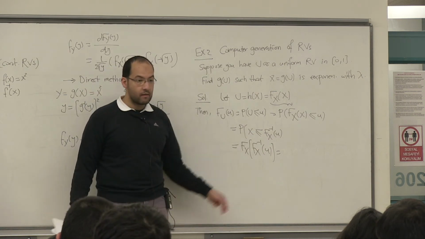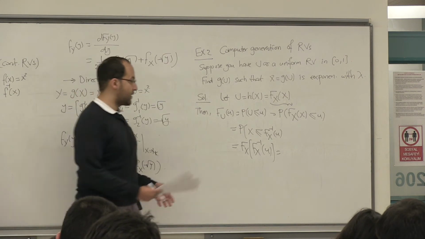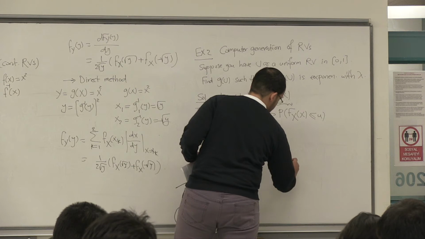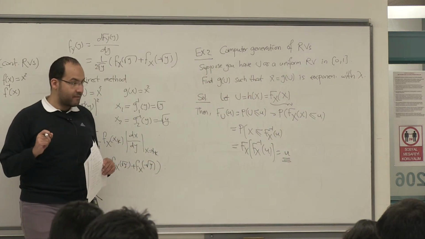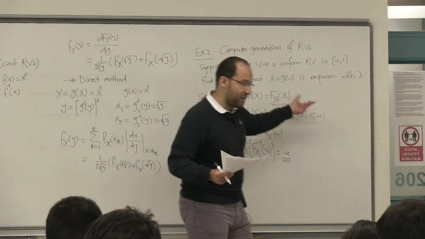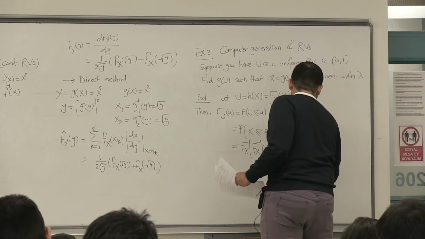What is this? Exactly. What is the range of u? Also exactly. Why? Because u is a CDF. So u has to be between 0 and 1.